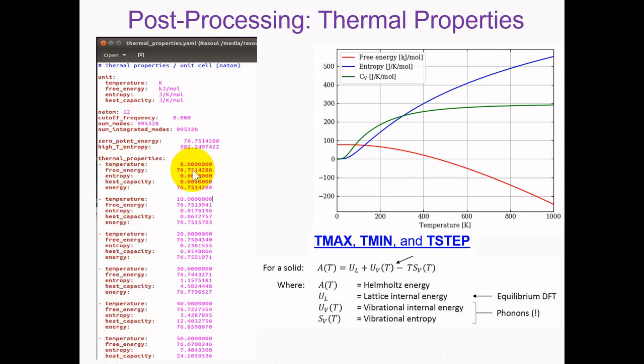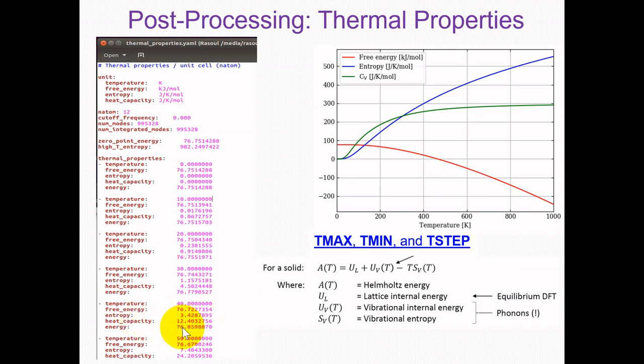For example, temperature is 0 Kelvin and the Helmholtz free energy at 0 Kelvin, and vibrational internal energy is the last one, and for other temperatures as well, 10 Kelvin, 20 Kelvin, 30 Kelvin until the end. For example, as you can see here, for the 40 Kelvin, the Helmholtz free energy is 76.72, and the entropy, it will be written here, is 3.42, and the heat capacity as well.